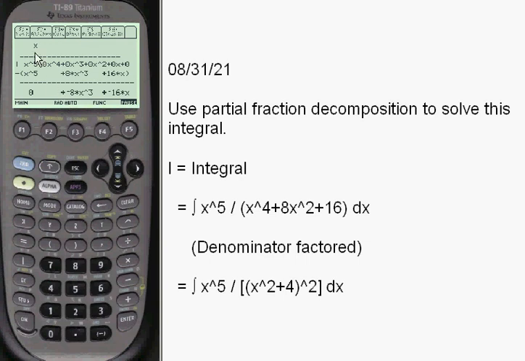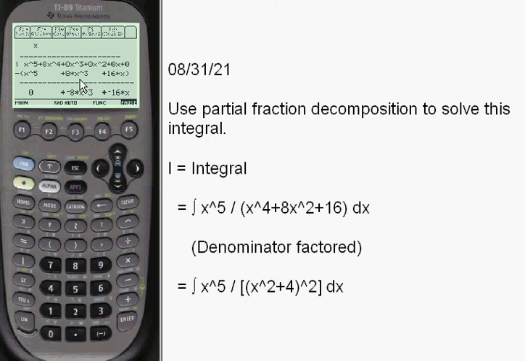So here's the x on top. Here's what the divisor is here, x^4, and you have to add x^3, x^2, x^1, and 0. And then we multiply that x times the divisor over here, and we get x^5 + 8x^3 + 16x.